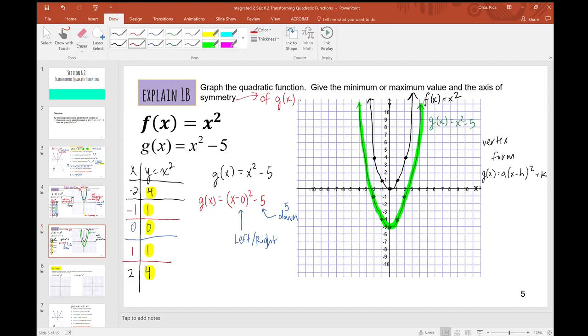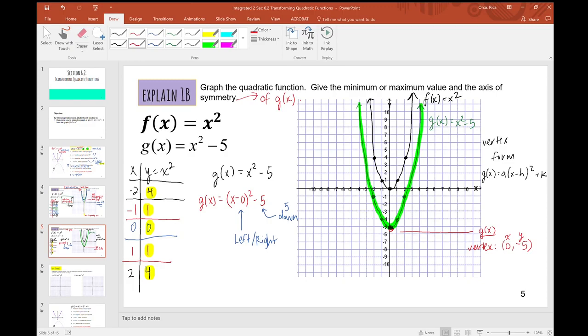Let's label the parts of g of x. For g of x, the vertex is at 0, negative 5. The x value of our vertex is 0, the y value is negative 5.